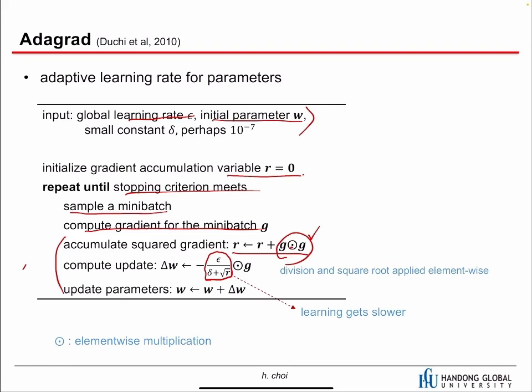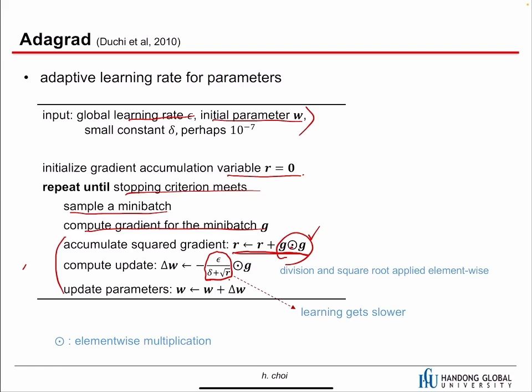But we don't know when it is converging. But still, as the training process goes on, we prefer the smaller learning rate. So every time we increase r, when r is large, it means we have been updating a lot.